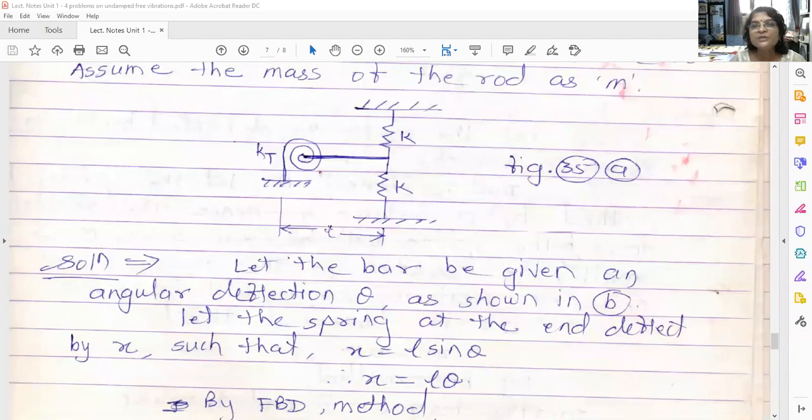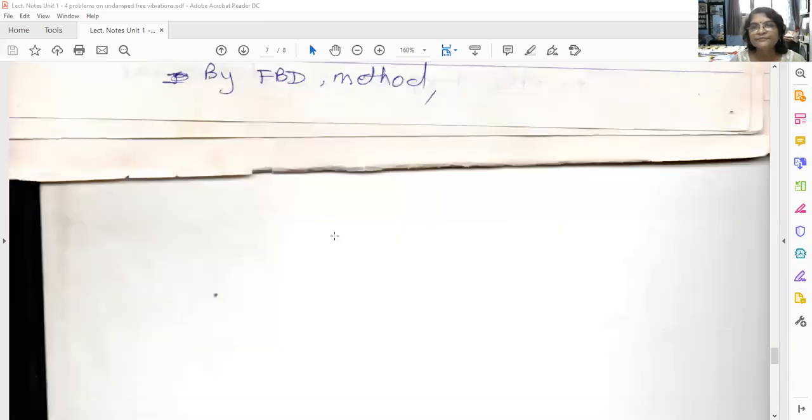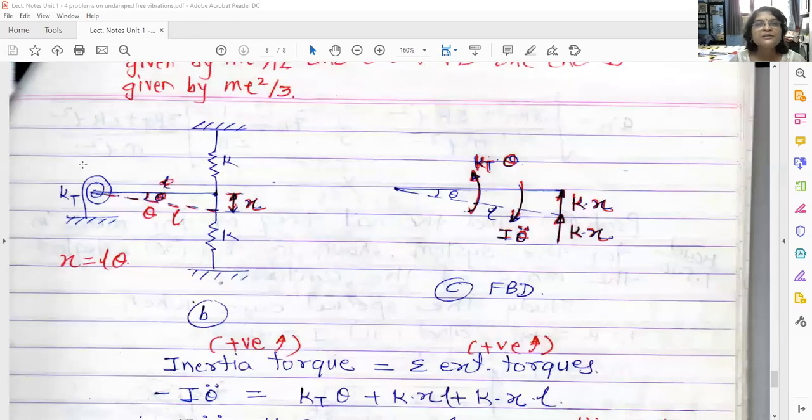Now see, consider this free body diagram. This is your free body diagram, and this is the diagram in the displaced position. Horizontal is the equilibrium position. Now assuming this rod at any time t rotates by angle theta. This is the length of the rod, that is L. This is angle theta.